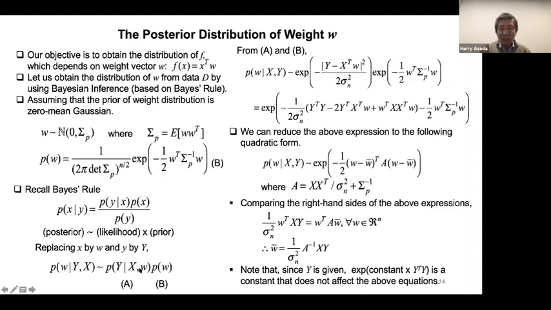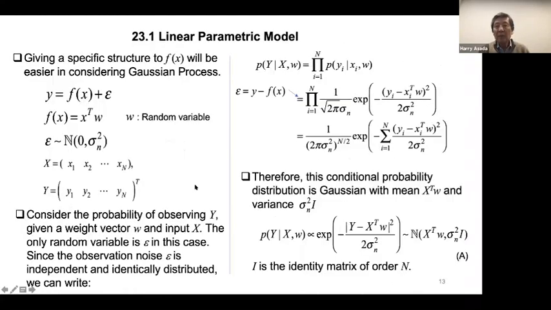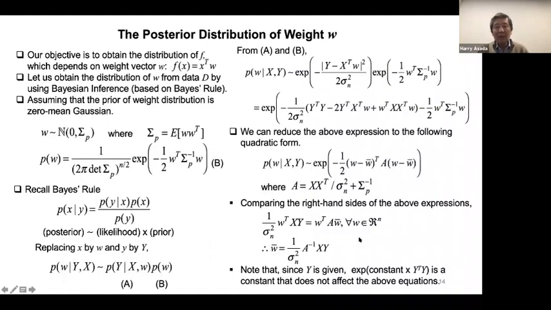This is the one we obtained previously, P(Y|X,W). This is the final result, result A. And then this part, P(W), is something we obtained, we modeled here.